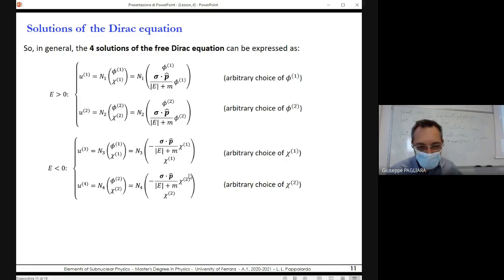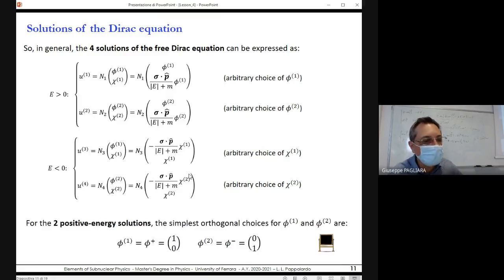So the question is, what kind of arbitrary choice shall we make? Let's make it the most simple we can think of. For the 2 positive energy solutions, the simplest orthogonal choices for phi 1 and phi 2, to plug in here, here, here, and here, are just (1, 0) and (0, 1). There is nothing more simple than this. So let's now put this into our solution and see what we get.